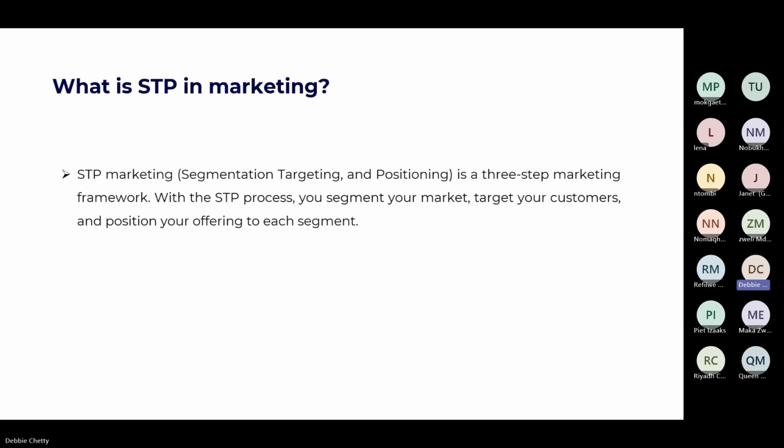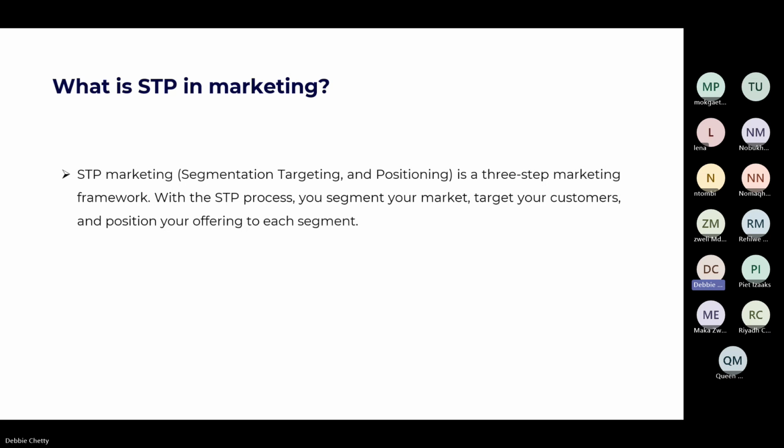So what is STP in marketing? As we know, STP stands for segmentation, targeting, and positioning. It is a 3-step marketing framework. With the STP process, you segment your market, you target your customers, and you position your offering to each segment as well.